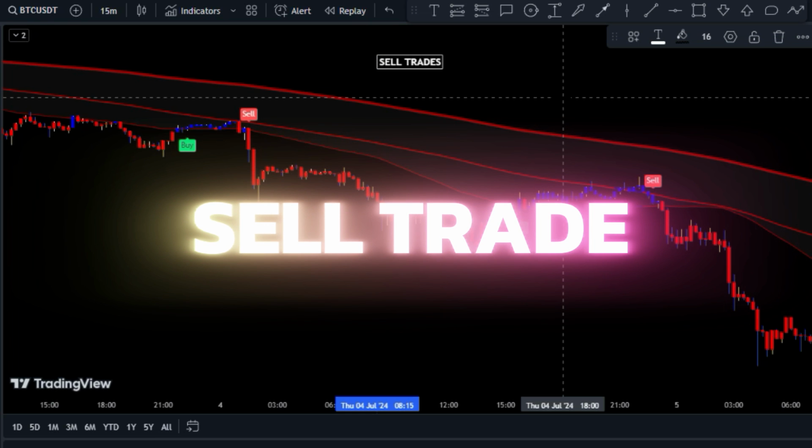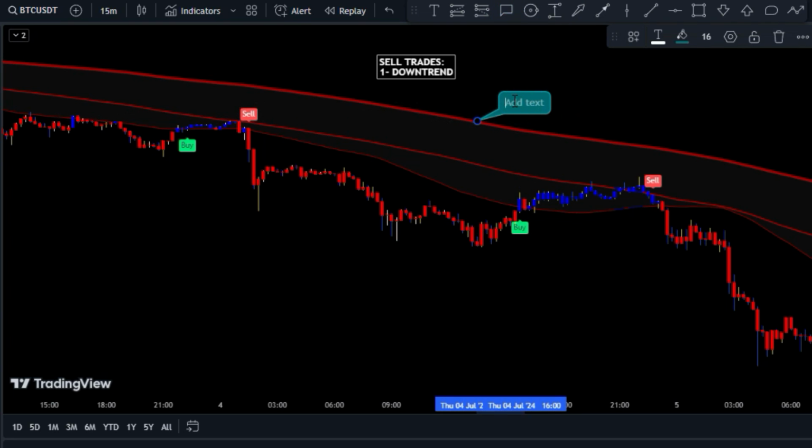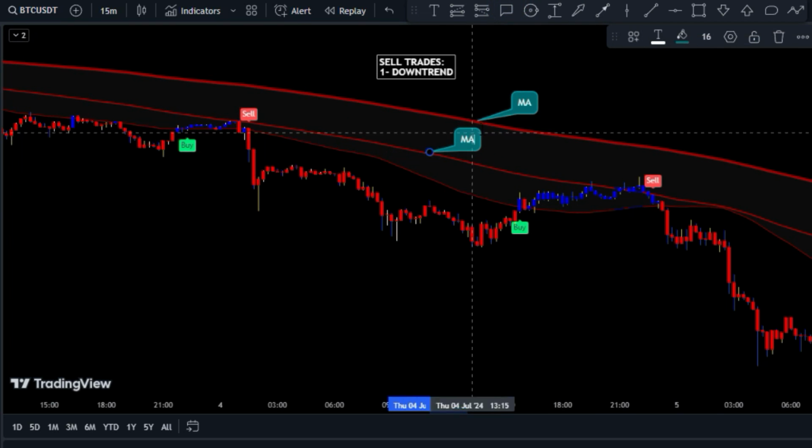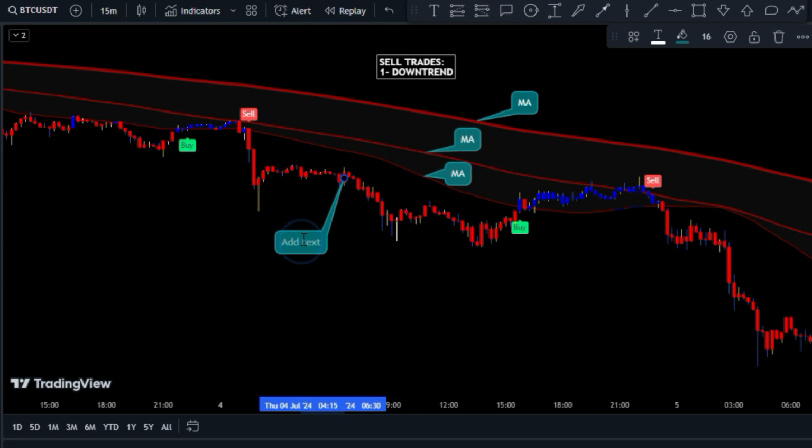And to execute sell trades using the strategy, follow these simple steps and effective rules. Confirm the downtrend. Before entering any sell trade, ensure you're trading in the direction of the downtrend. Verify that the price candles are below all moving average lines, confirming a strong downtrend and filtering out any potential buy signals.